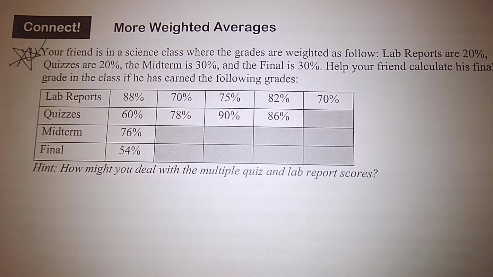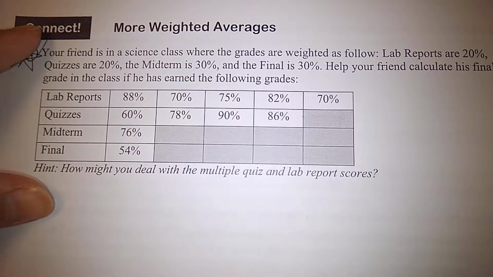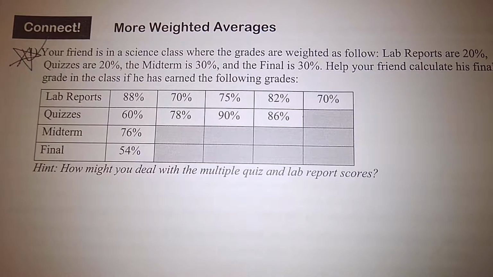Christine? Your friend is in a science class where the grades are weighted as follows. Lab reports are 20%, quizzes are 20%, the midterm is 30%, and the final is 30%. Help your friend calculate his final grade in the class if he has earned the following grades.